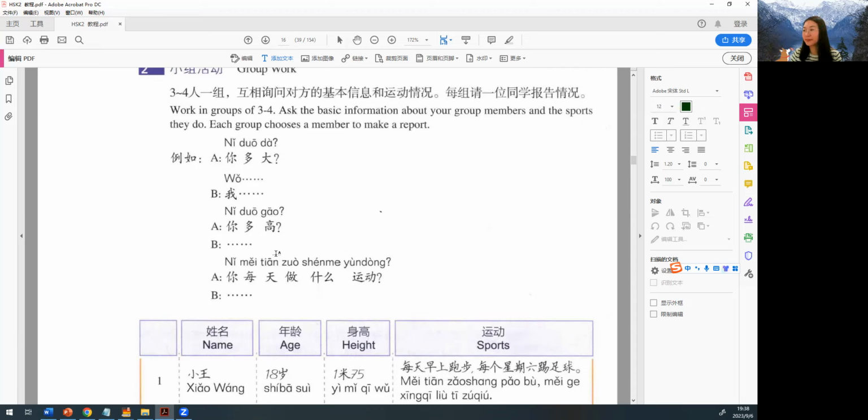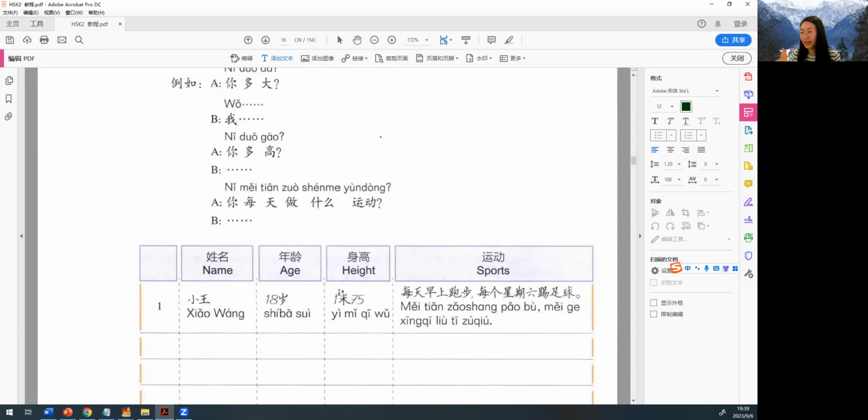This answer. All right. So here the first question, 你每天做什么运动? We have learned many sports before. For example, play basketball, play football, right? Play badminton, also running, swimming. We can say many sports here.